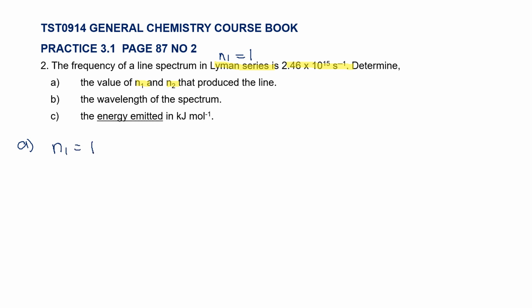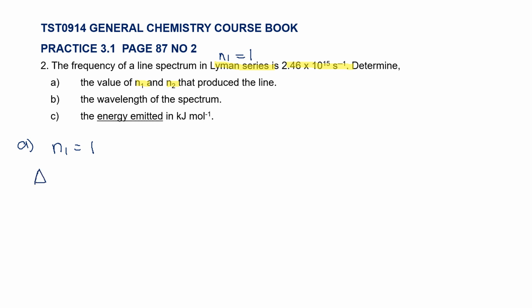To calculate the value of N2, we need to use the value of the frequency. But before that, the frequency needs to be changed to lambda or energy, because only lambda or energy has relation with N values. So let's say I choose to use the value of energy.